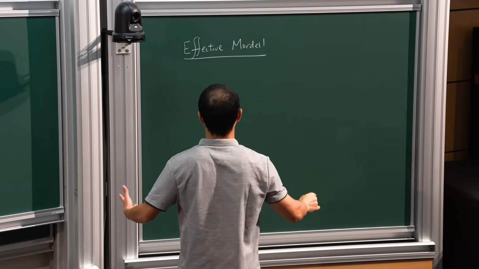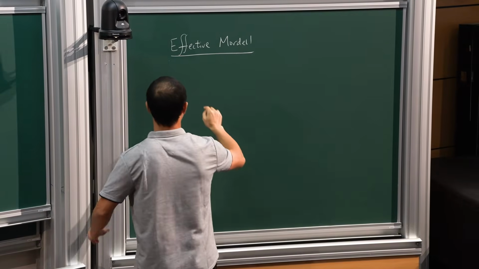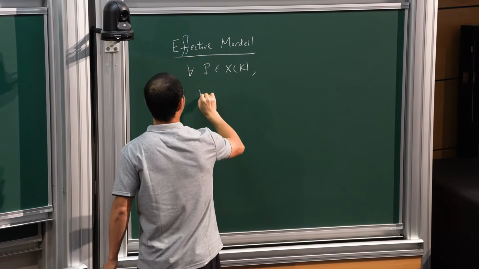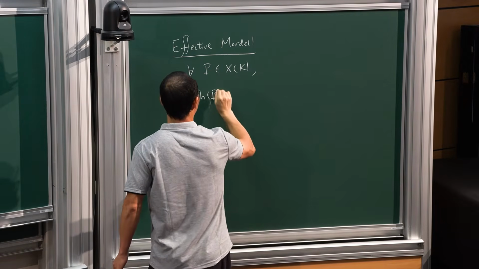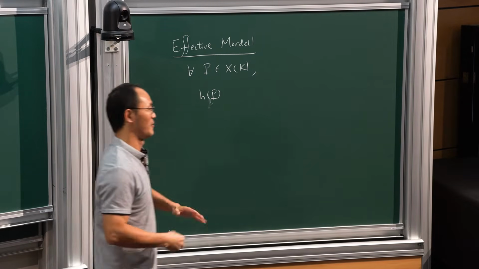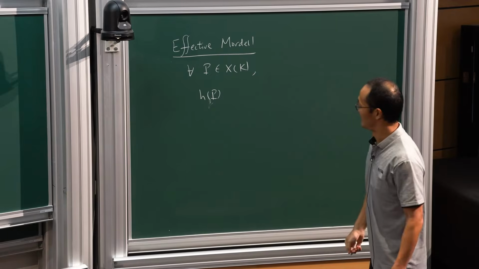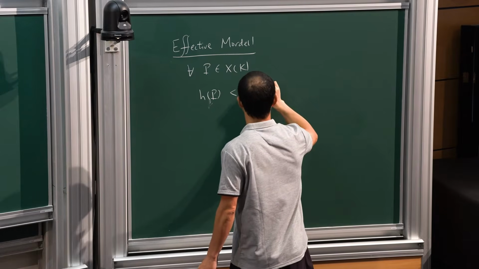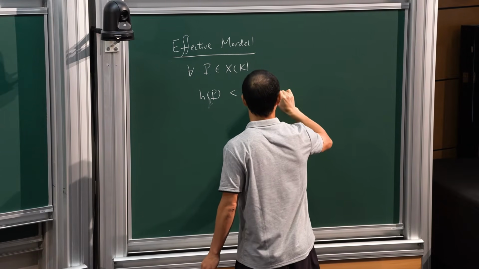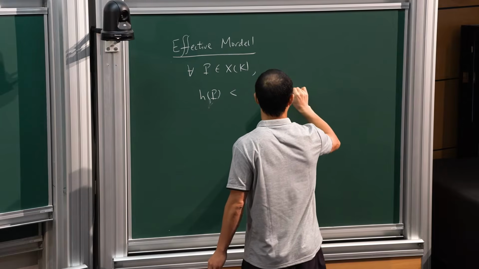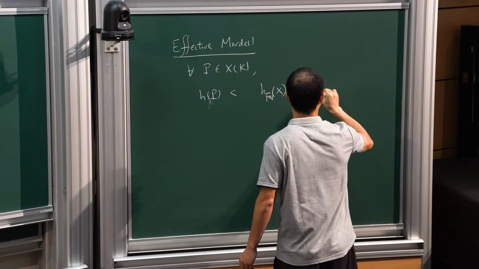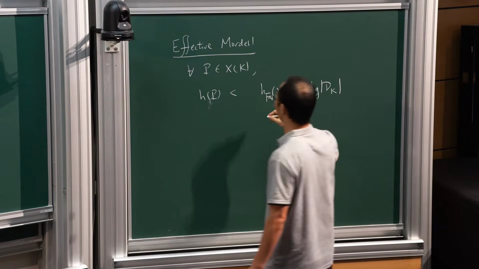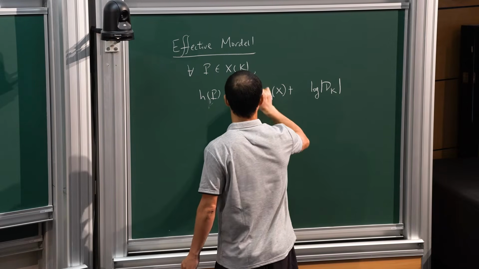There are many versions. Now I just write down a convenient, strong version. For any P in X(K), we have this height of P. Of course we need to choose an ample line bundle, for example the canonical line bundle, and we need to choose some metrics. But then this one is bounded by the Faltings height of X, and then the discriminant of K. And then we put some constants here, say a1(g), a2(g).